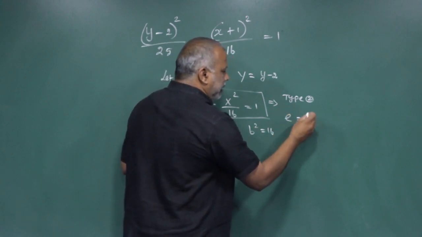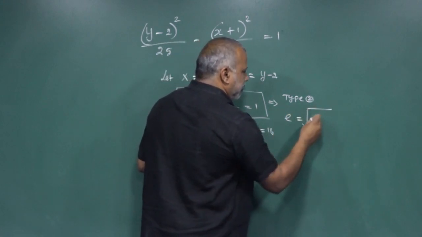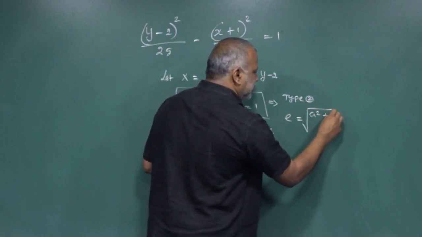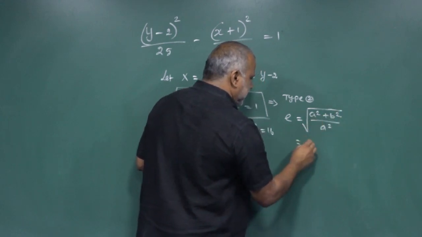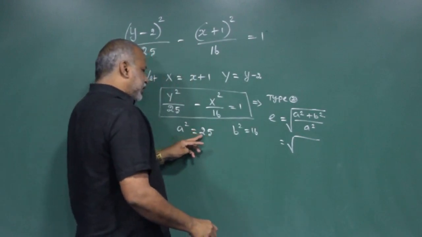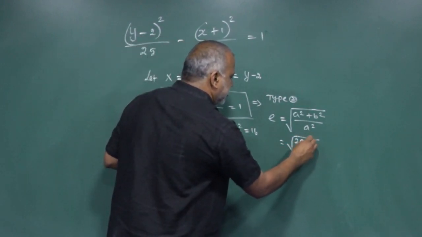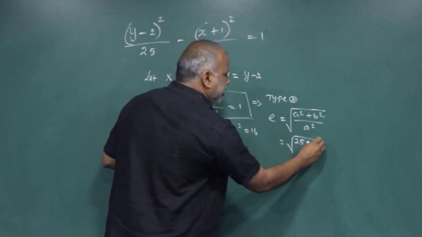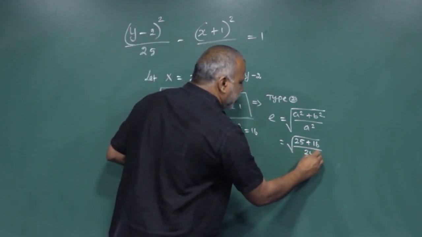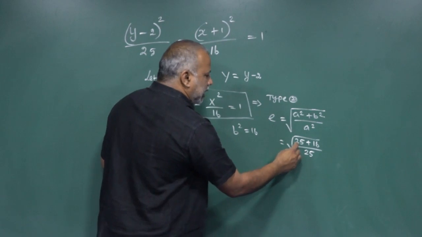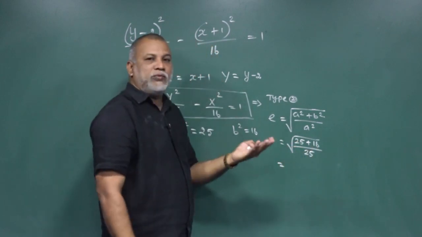Then we need the e value. What is the formula? e equals square root of (a squared plus b squared) divided by a squared. See the result here: a squared means 25, plus b squared means 16, divided by a squared, again 25. That means root of 25 plus 16, it becomes root 41.